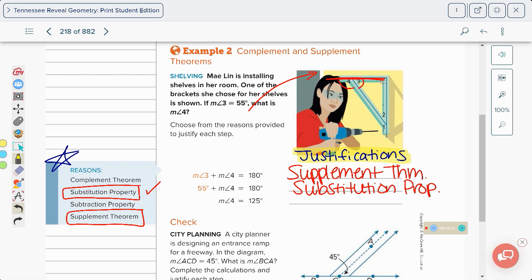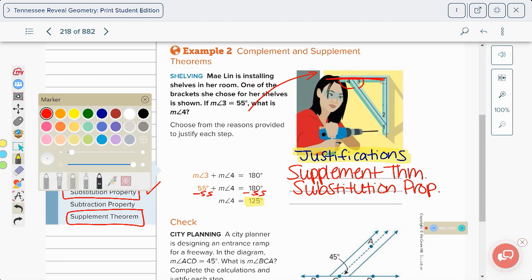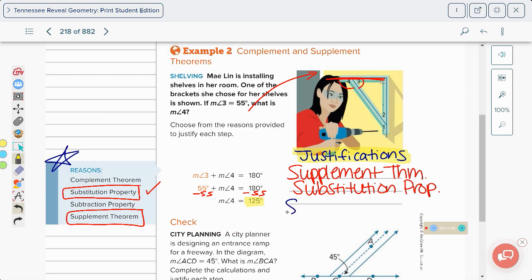Okay. So hopefully you noticed, if it's a positive 55, if I subtract that from both sides, that is what gives me that measure of 125 degrees. So for this statement, you could say either substitution, because we are substituting one equation for something simpler, or you could say subtraction. I would probably take both.